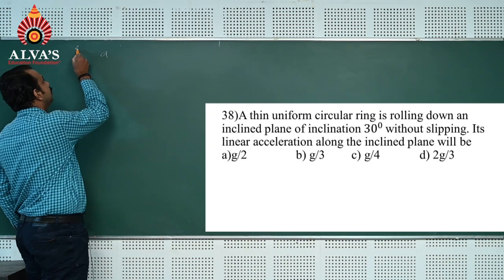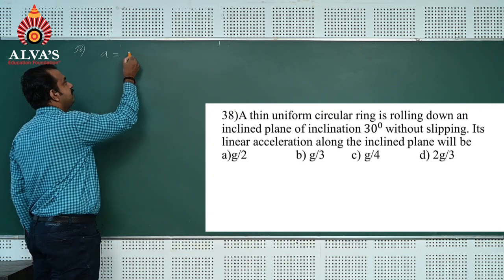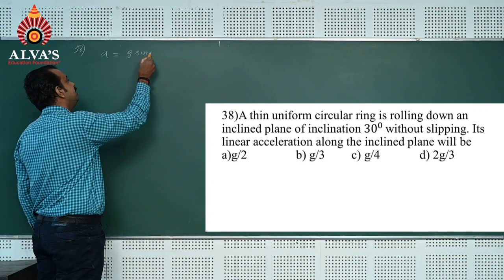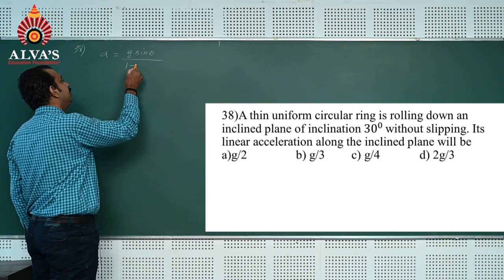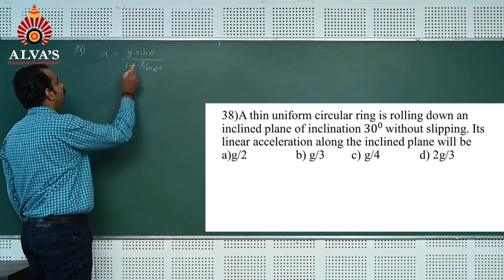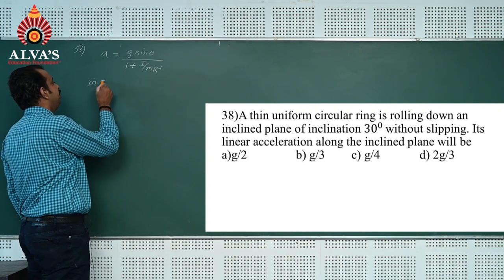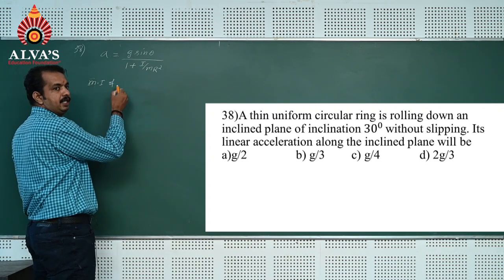Acceleration can be found by using the formula a is equal to g sin theta divided by 1 plus I by m r square, where I is the moment of inertia, that is, moment of inertia of the circular ring.